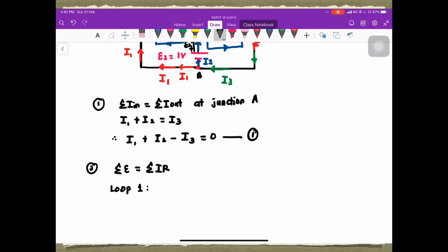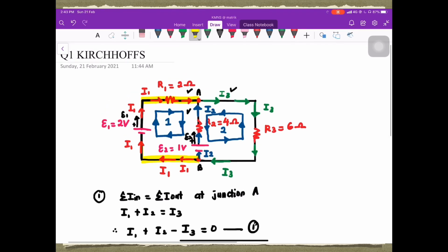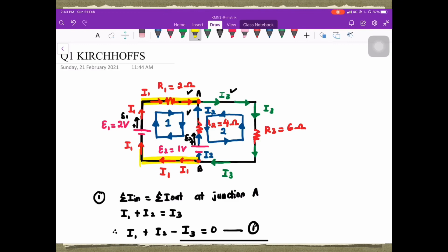So where is your loop 1? I use the highlighter to show all of you: the yellow color is loop 1.